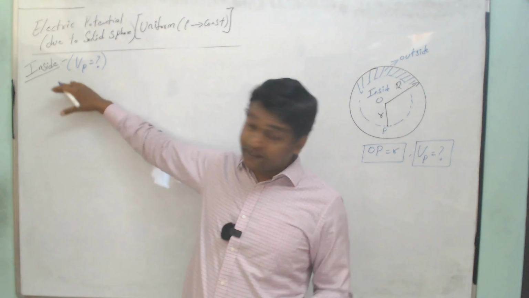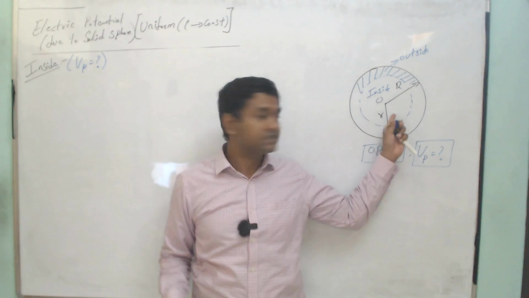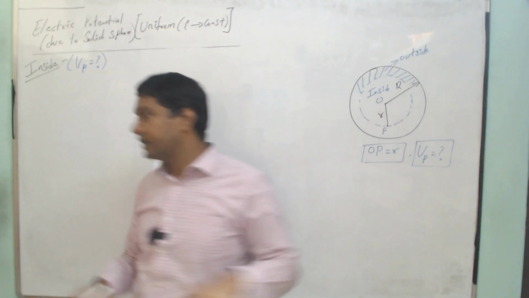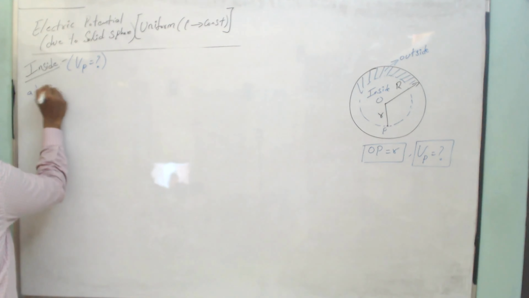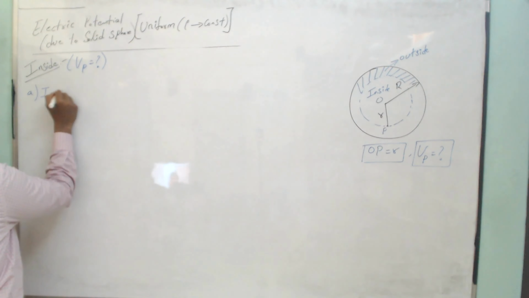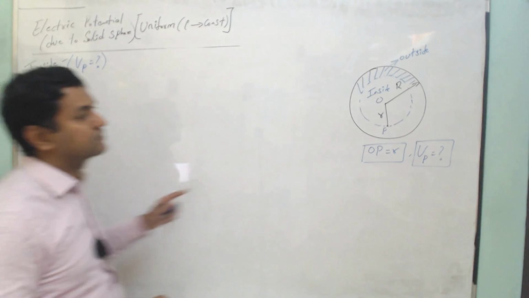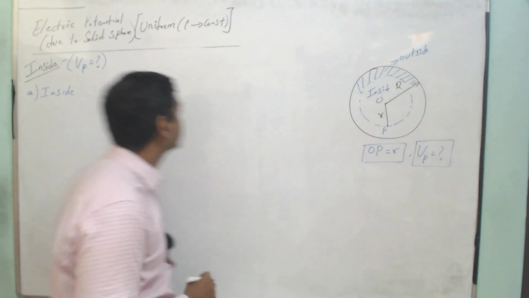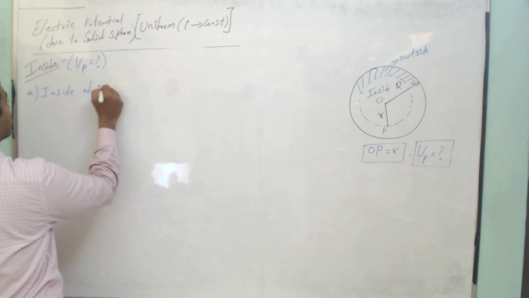For this inside case, I have two subcases, which again we call inside and outside. So again I am writing subcase A, which is due to inside of this imaginary sphere.